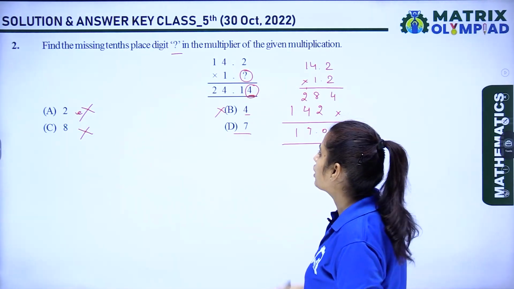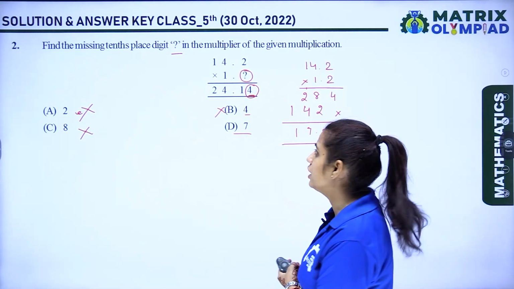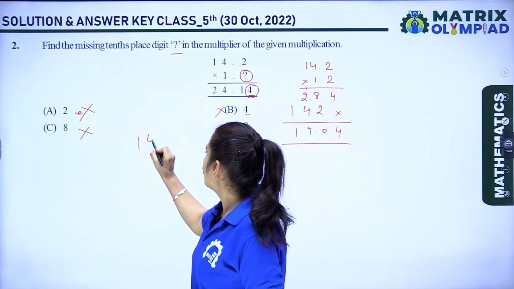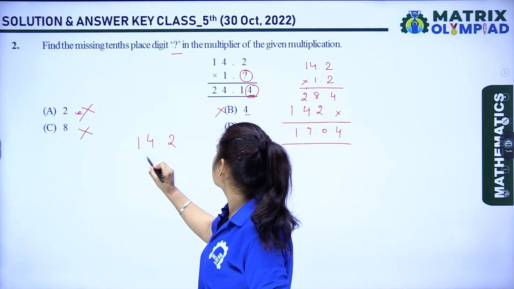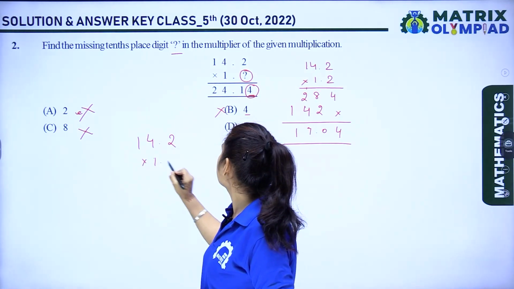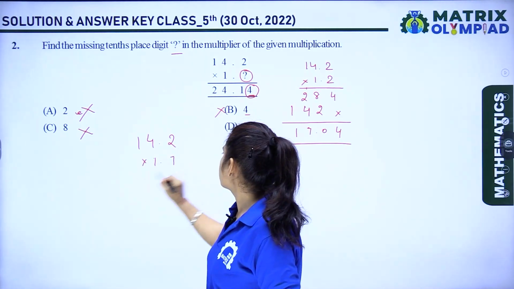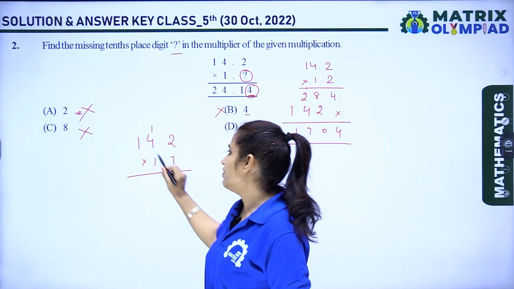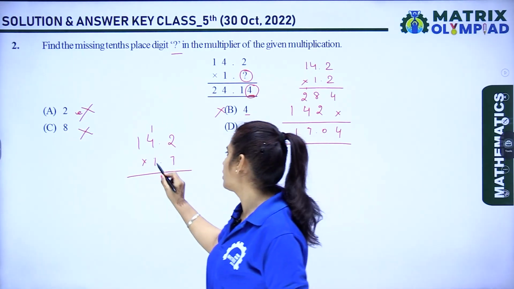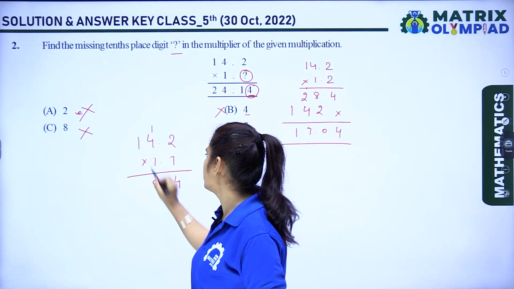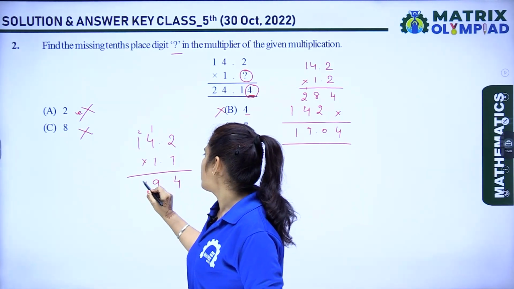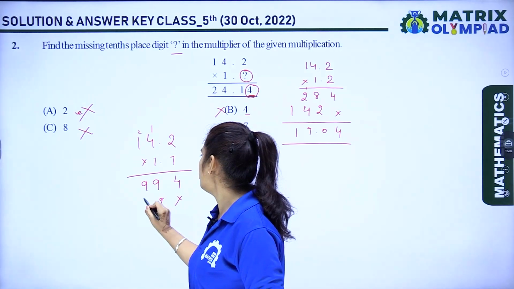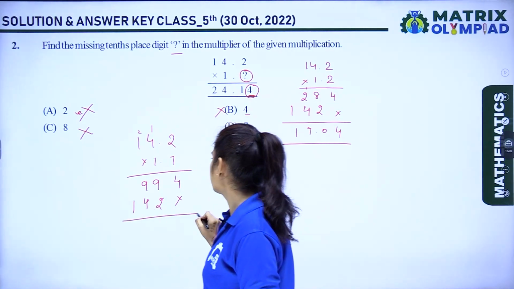Now last is option D. Let's do the multiplication by putting the value of option D in the question. So here 14.2 multiply by 1.7. 7 times 2 is 14. 7 times 4 is 28 plus 1 is 29. 7 times 1 is 7 plus 2, 9. 2, 4, 1.